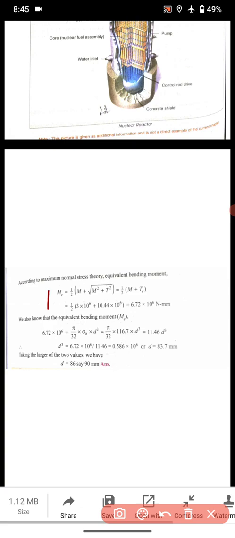So 1 upon 2, 3 into 10 power 6 plus 10.44 into 10 power 6. So the value is 6.72 into 10 power 6 Newton millimeter.